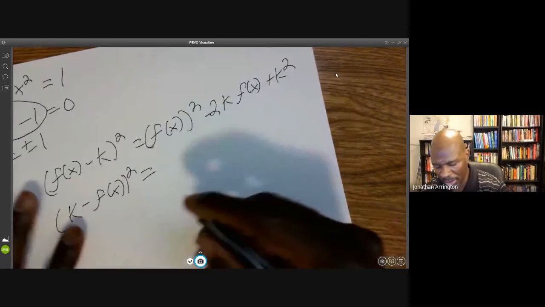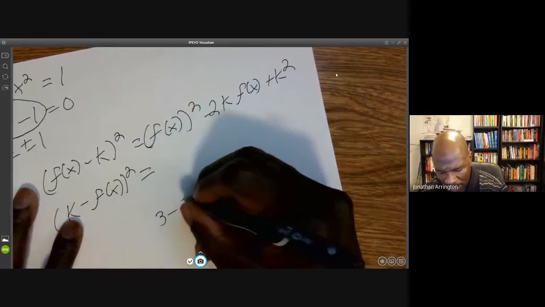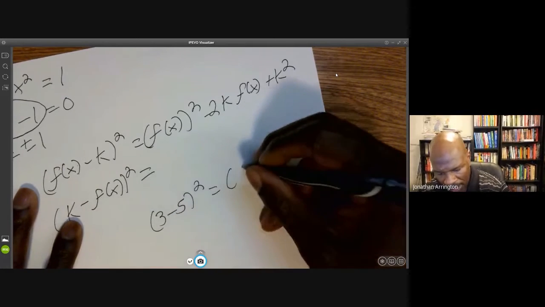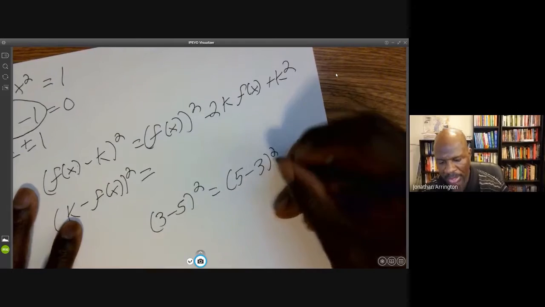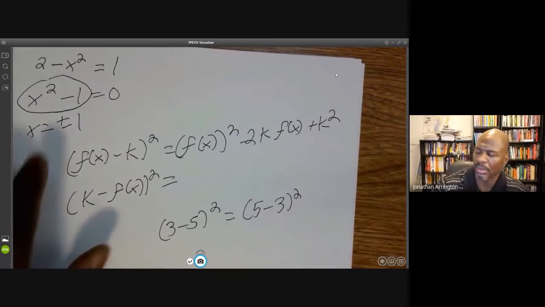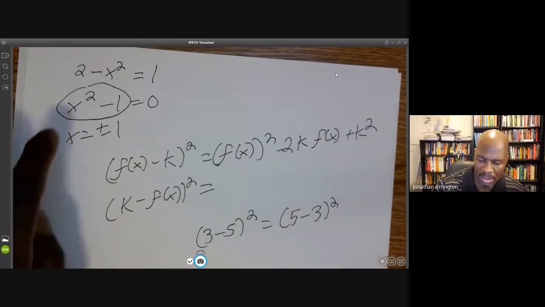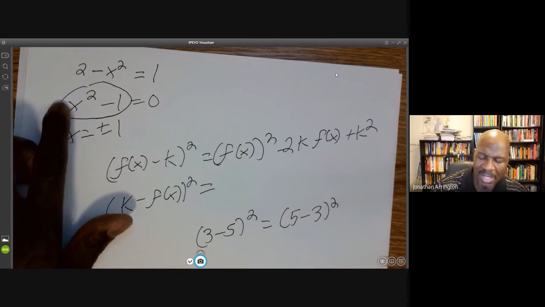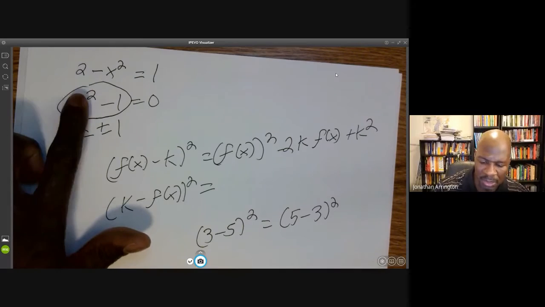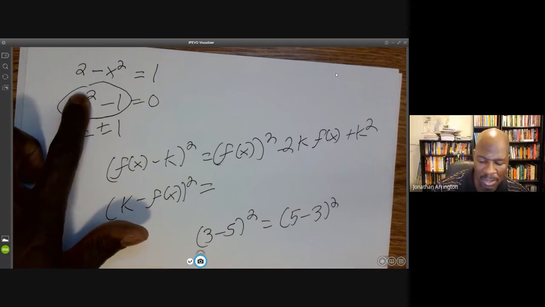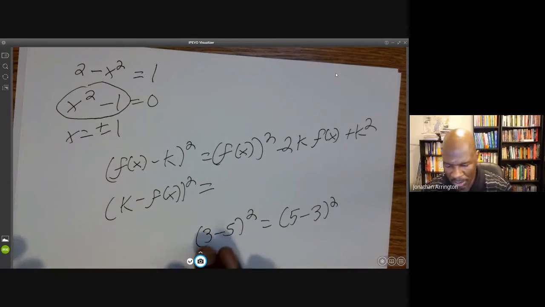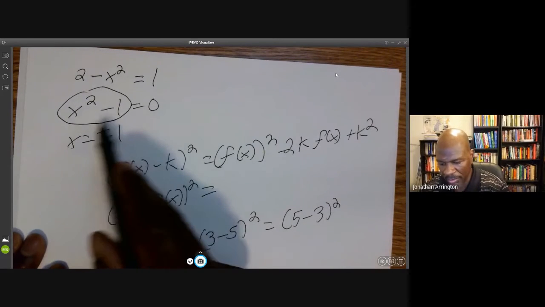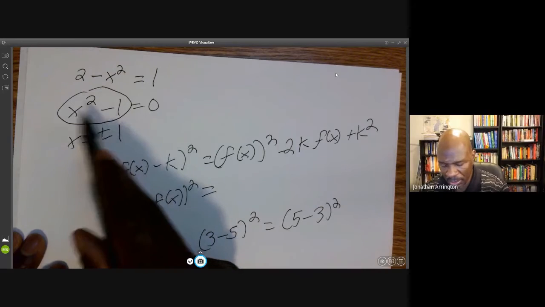So, if you look at it numerically, 3 minus 5 squared is the same thing as 5 minus 3 squared. So the point I'm trying to make is that this being k minus f of x versus f of x minus k doesn't matter because it's being squared anyway, and it's going to end up being the same. So this is the difference of f of x and k. So this is what I'm going to square.